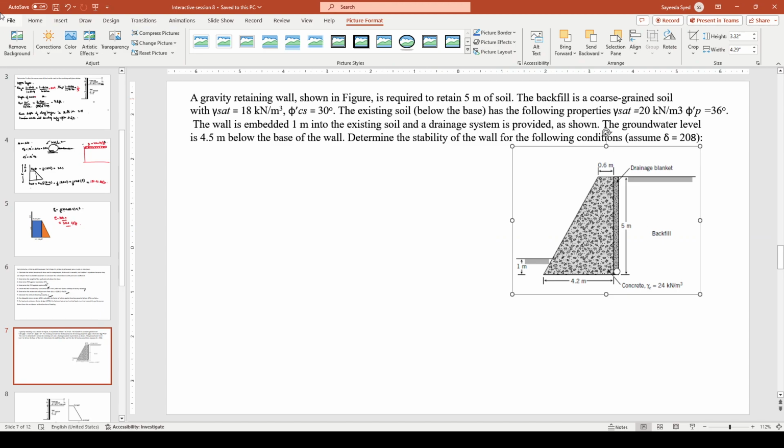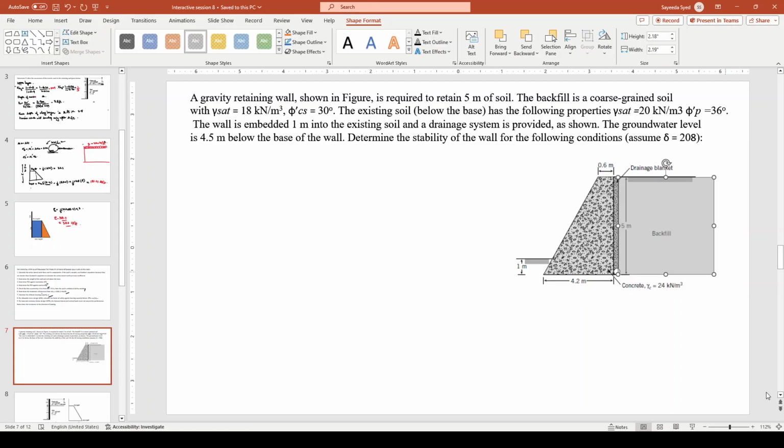So if the backfill is different, let me insert a shape here. So we will have coarse grained soil here, isn't it? So this will be our backfill. And initially, the soil that was present there, which will be this.